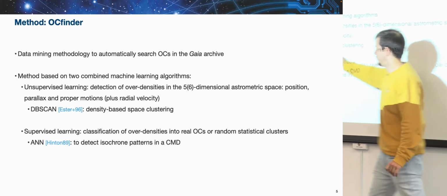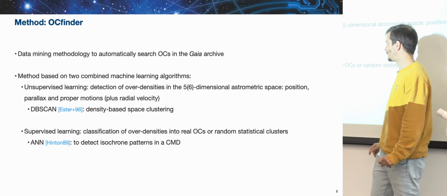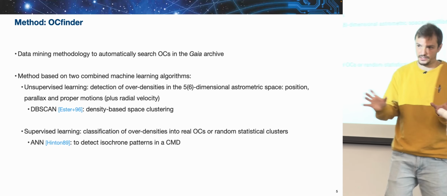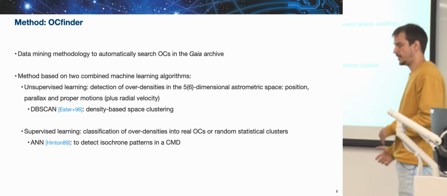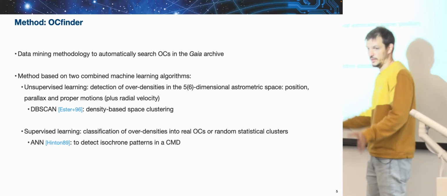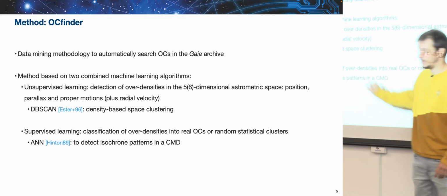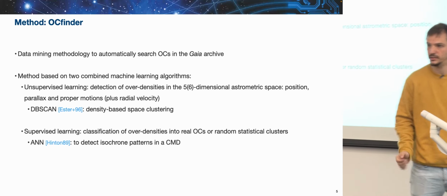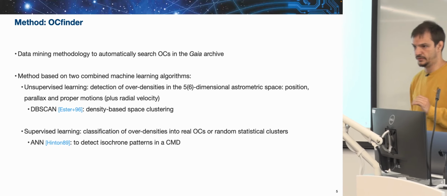We find these overdensities using the DBSCAN algorithm, which I'm going to talk about later. And then we classify these overdensities into random statistical overdensities or actual real open clusters. We do this by training a neural network on well-known clusters, so the network can identify both cases in a color magnitude diagram.